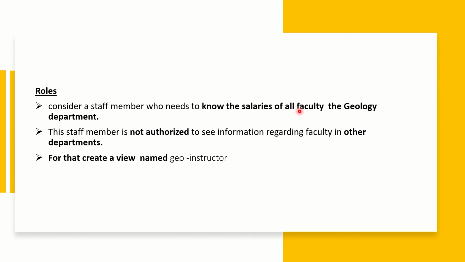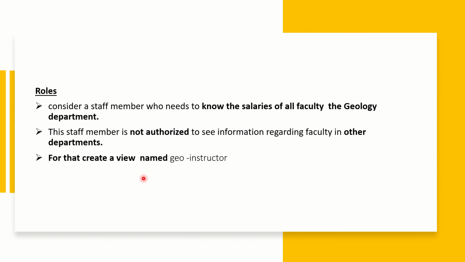A clerk can view the details of faculty only from the geology department. That is, he has the right to view the details of instructors who are working in the geology department. He does not have authorization to view or perform any action on other instructors.